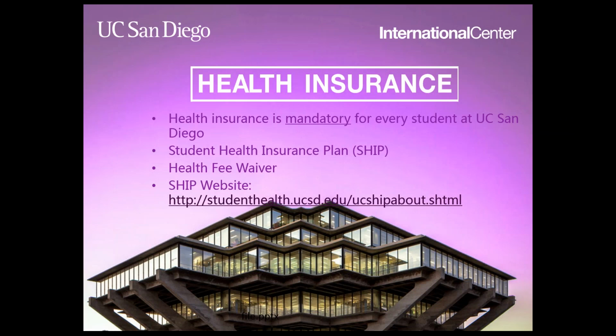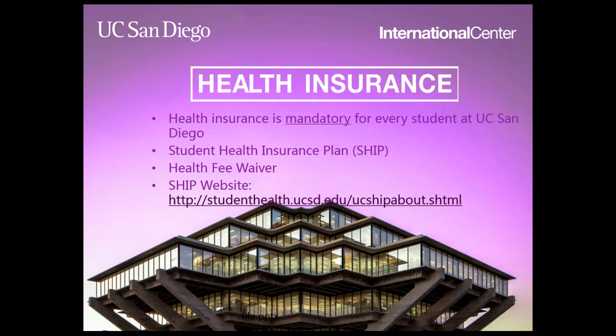So, health insurance within the UC system is mandatory. As a new student, you will automatically be enrolled and the payments deducted from your tuition. All students are required to purchase the Student Health Insurance Plan, SHIP, each quarter and are billed automatically.